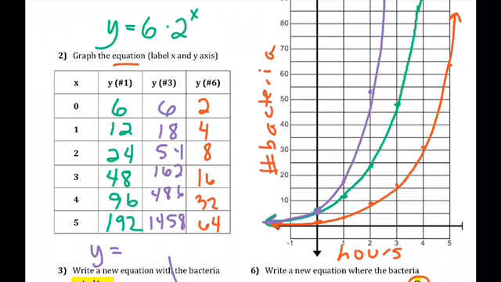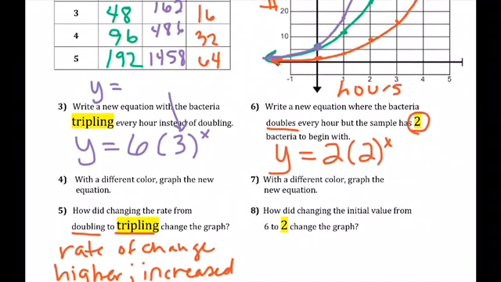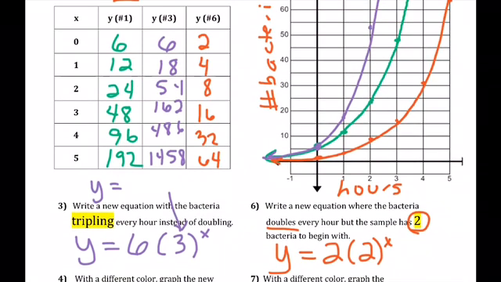So in the question for number 8, it says, how did changing the initial value from 6 to 2 change the graph? So as we've learned before, when we change our initial value, or like with lines, it was our y-intercept, it actually is just dropping our graph. So this green, everything is just moving down like that.